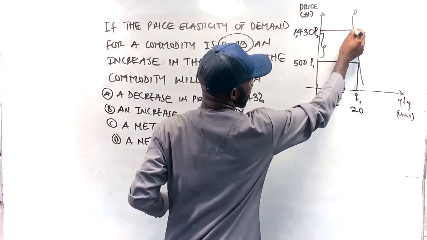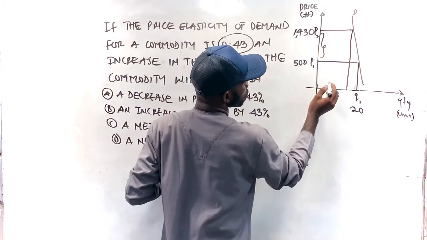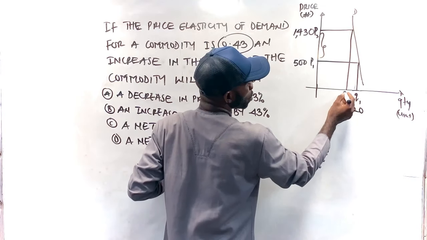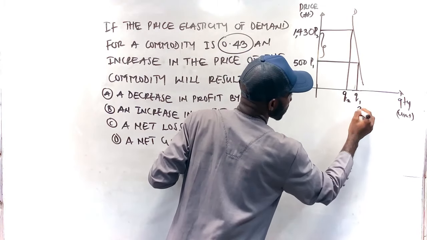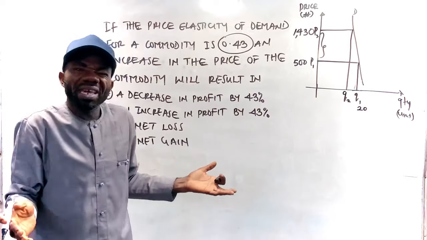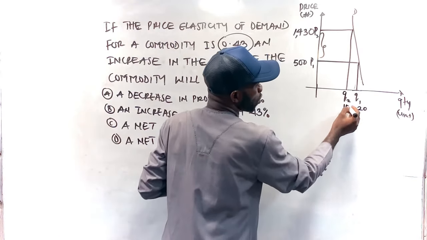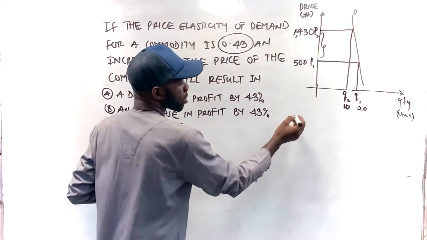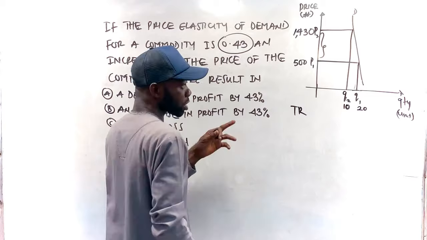At our second price, the difference is not much. So these consumers are going to just shift a little ground. If the first one is 20, maybe 10 of them will run. And if 10 of them go, let's consider what is happening to the pocket of this producer.